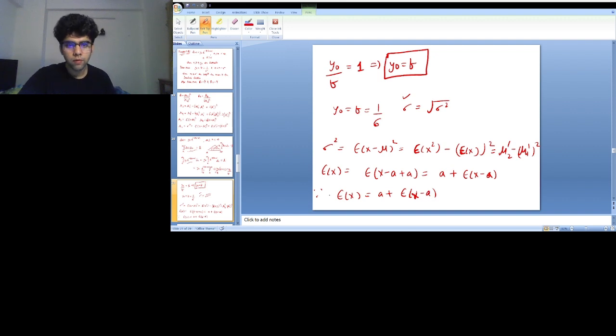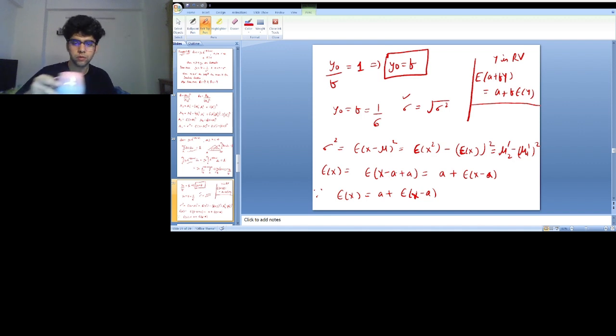This is a property of the expectation operator, that E(a plus b y), where y is a random variable, is equal to a plus b E(y), right? I am just showing you the property so that you don't get confused. And I just added and subtracted a, so it makes both of these things equal.